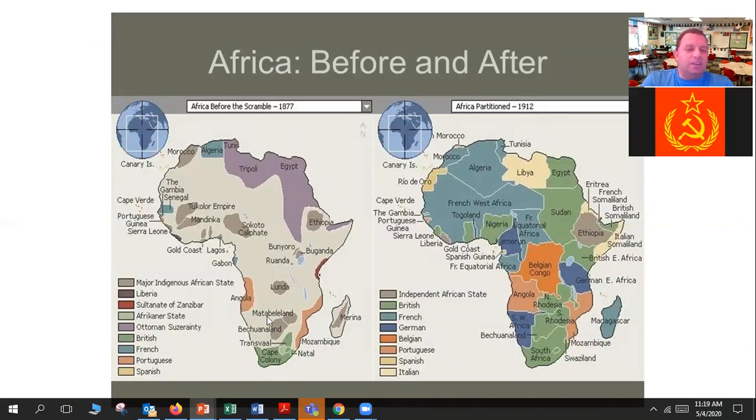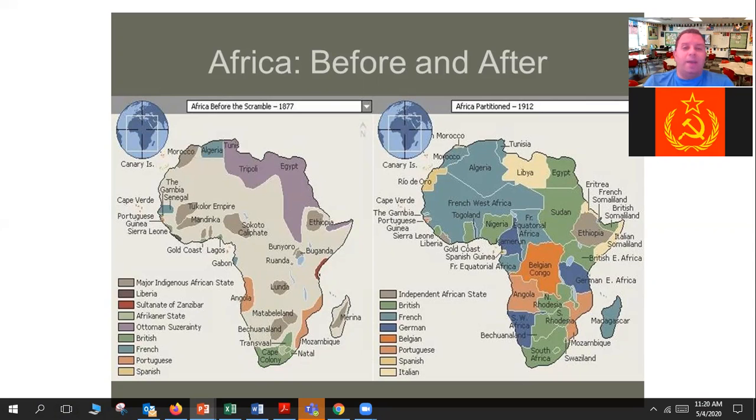You can see it's very politically diverse. There's not a lot of European control here. The British have a little territory down here in what would later become South Africa. The French are up here in Algeria. And then you have the Ottomans over here along the northeast coast in what used to be Egypt.